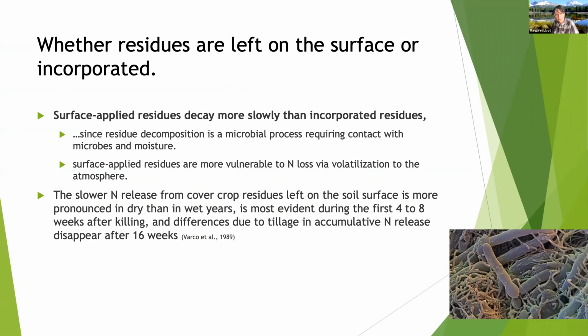And whether those residues are left on the surface or incorporated. And Daniel touched on this already. But basically, the surface applied residues will decay more slowly than the incorporated residues. So that can be ideal. That can be maybe a strategy that was mentioned before, this idea of maybe leaving broccoli on the surface to delay leaching, or it can be incorporated into a system.